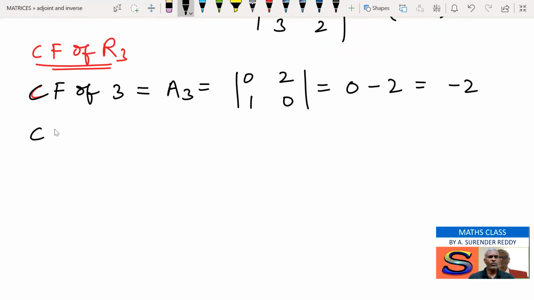Next, cofactor of 2, the third row second element, B3.